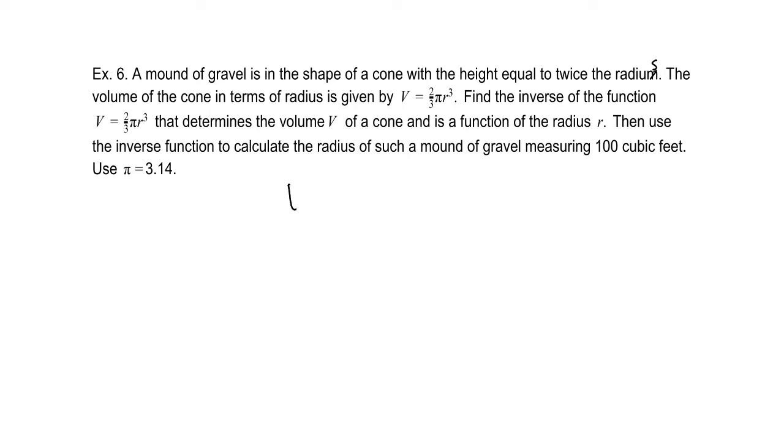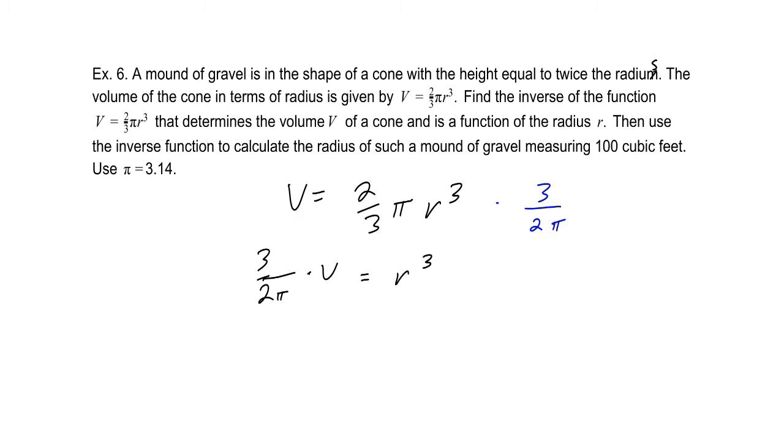So V equals 2/3 pi r cubed. This function is a cubic function in terms of r, so it is one-to-one and we can find the inverse. Let's first isolate r, so we'll multiply by 3 over 2 pi, and that will equal r cubed.